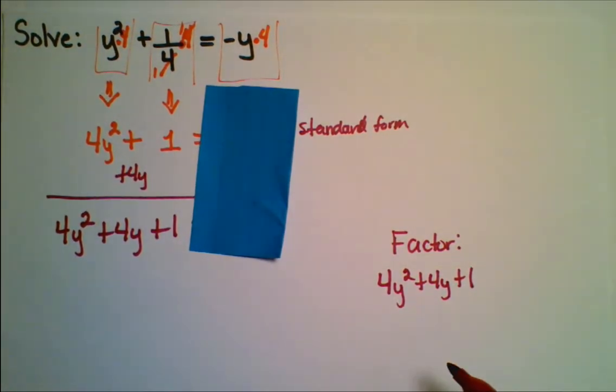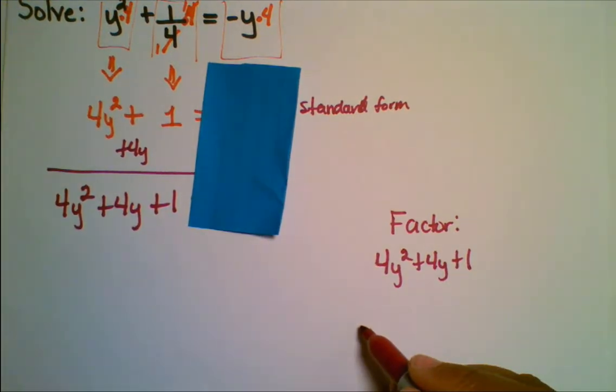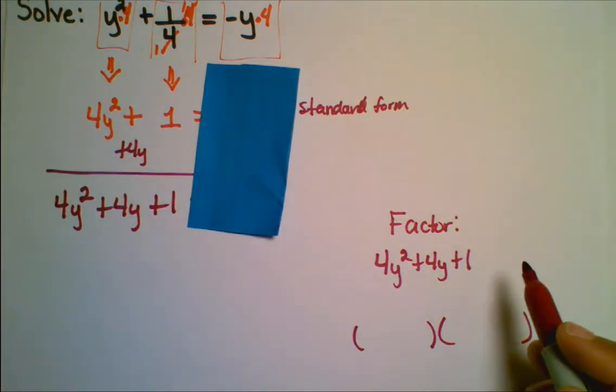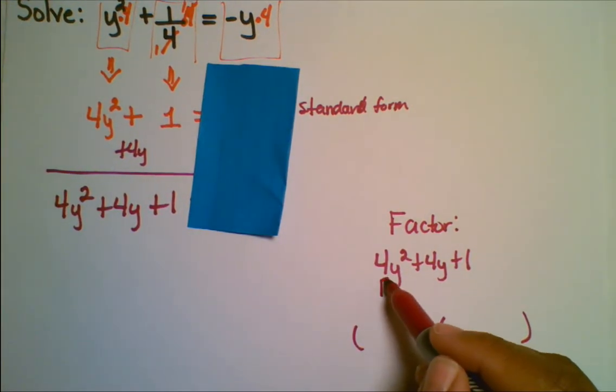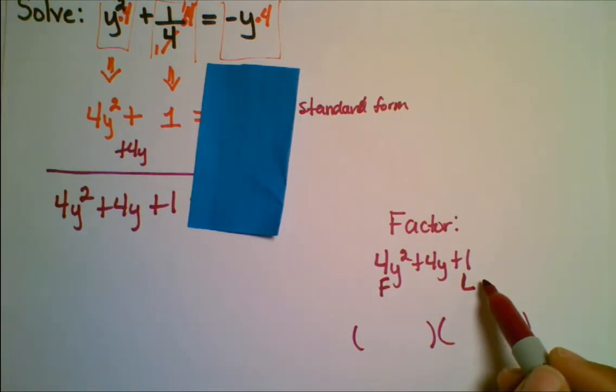All right, so here we go. Is there a GCF? No. How many terms? 3. Is this trinomial a perfect square trinomial? Remember, whenever you want to determine if a trinomial is a perfect square, look at the first and last terms.